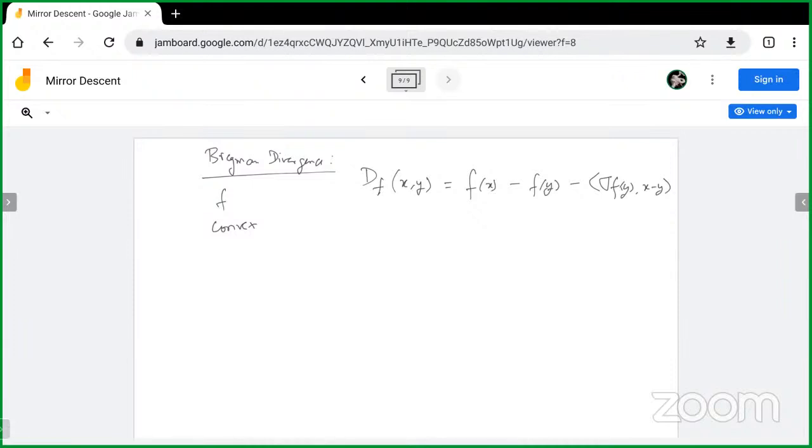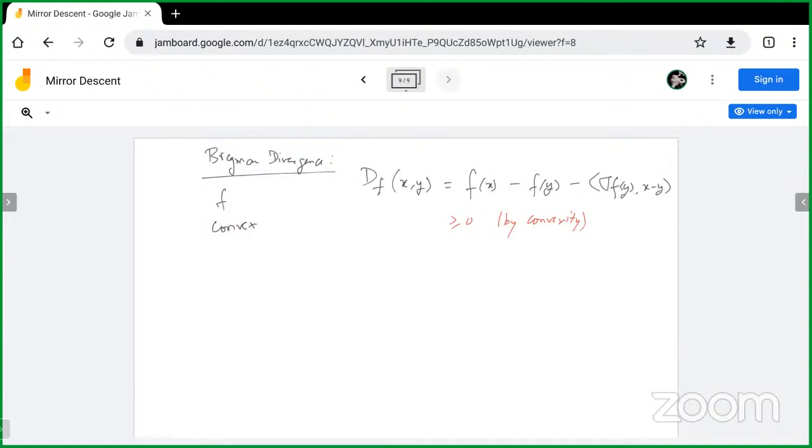By convexity, this is always non-negative. Cool.